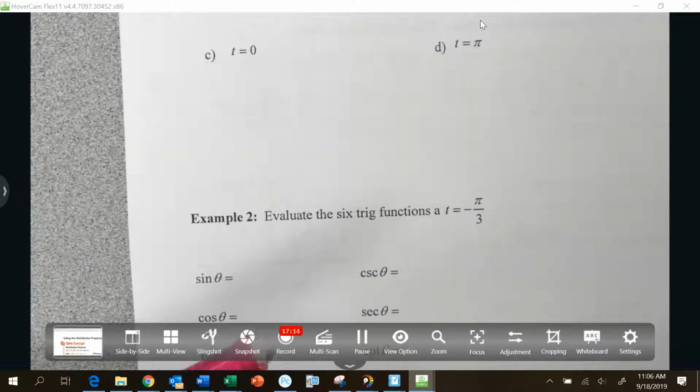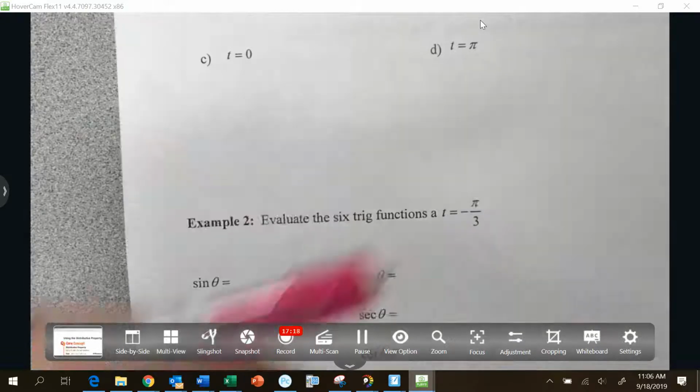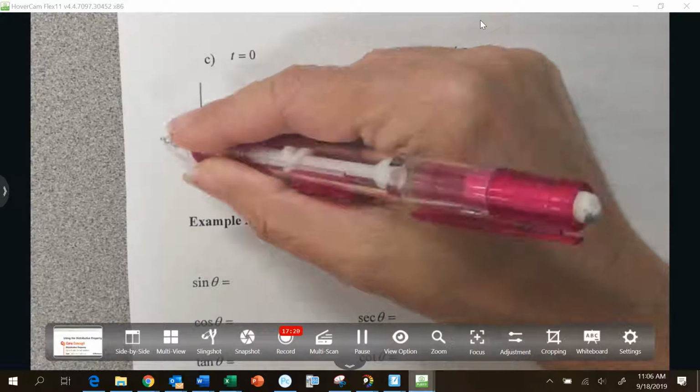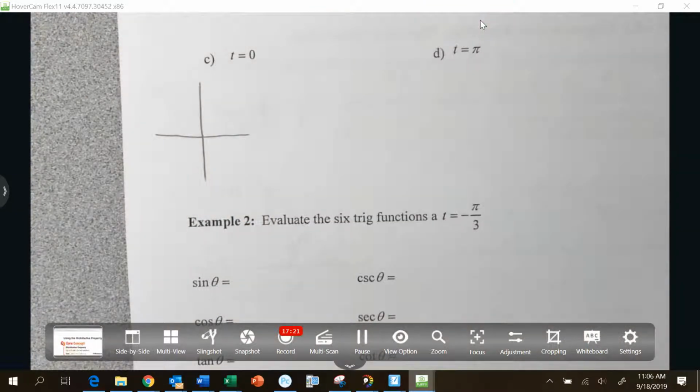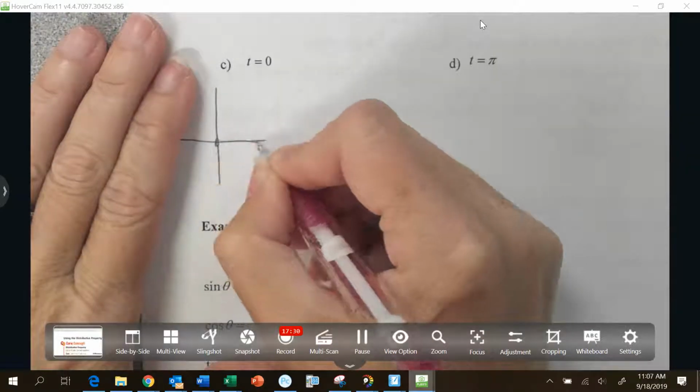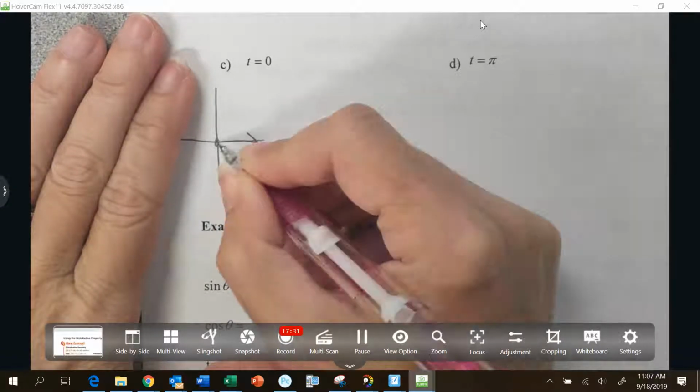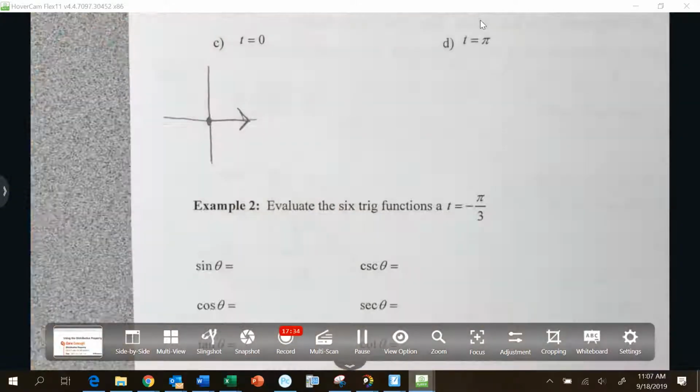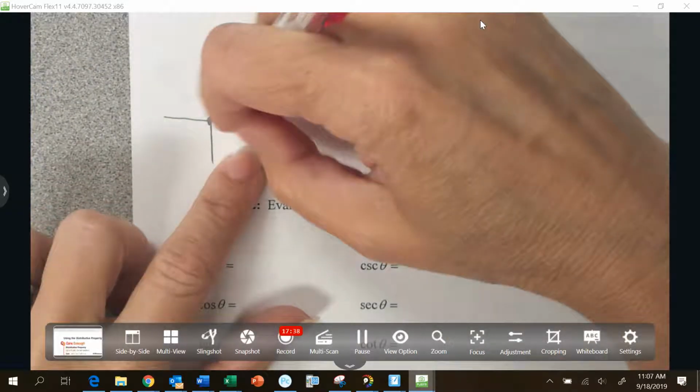So the next one is our theta is going to be 0. So if my initial side is here and my terminal side is here, we're only sitting here.